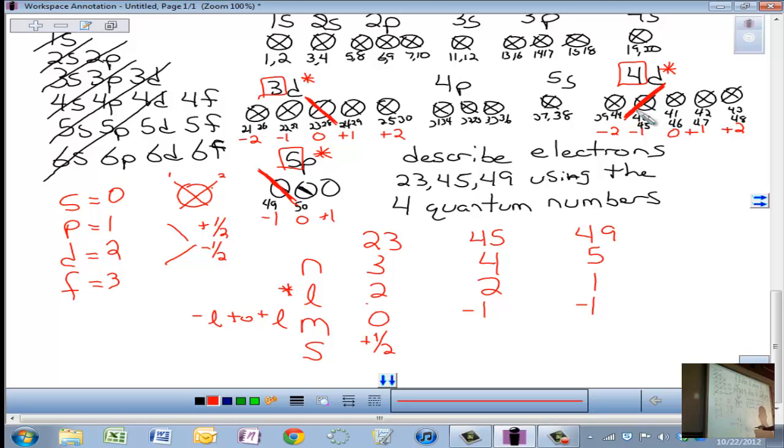Because it's opposite in direction, that one's going to be a negative 1/2. And the last one is number 49. If you look, that slash matches the one in 23, and in 23 I said it was a positive 1/2, so I have to make sure that that one is a positive 1/2 also.